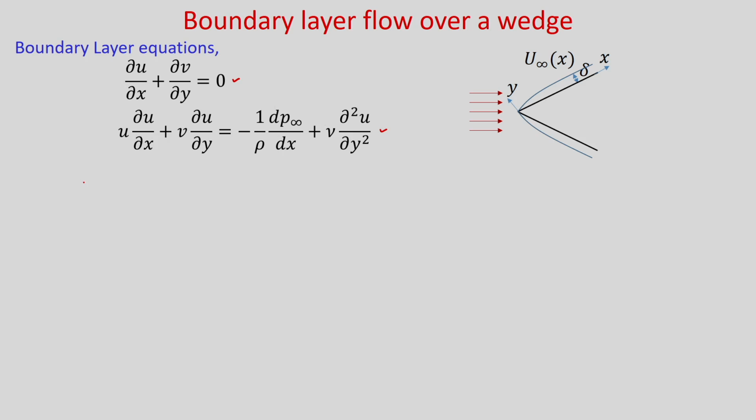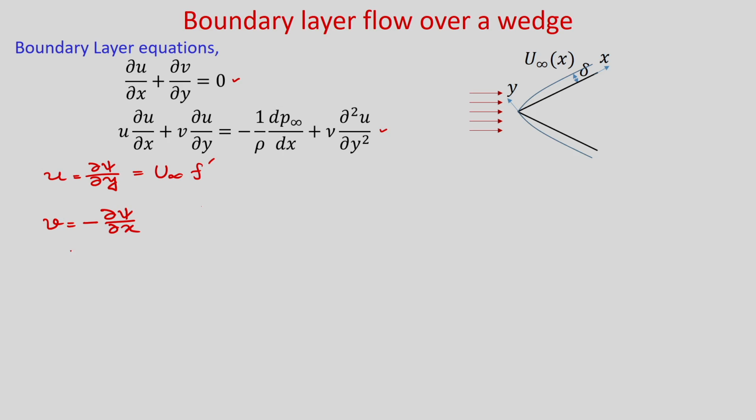So, we can write u is equal to del psi by del y. Okay. So, del psi by del y already we have written as u infinity f prime. Okay. And similarly, v we can write minus del psi by del x.